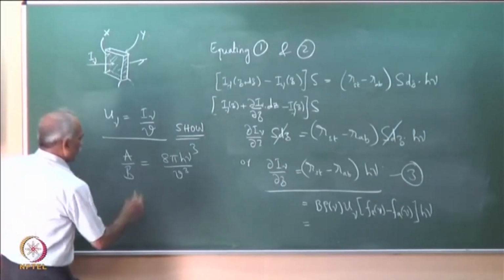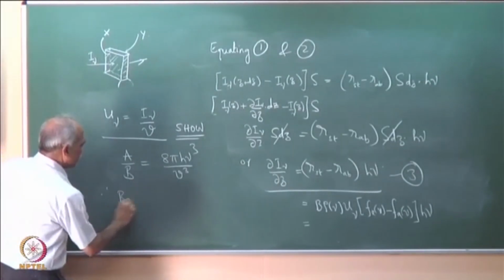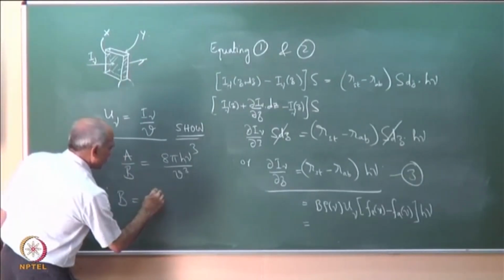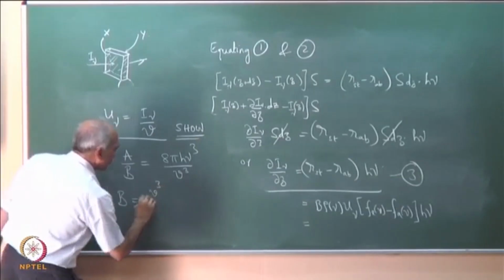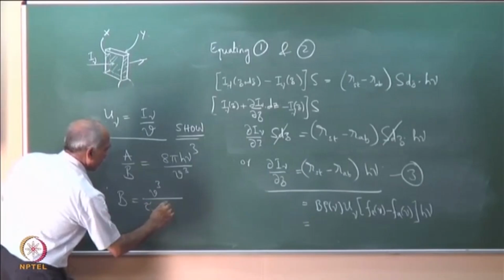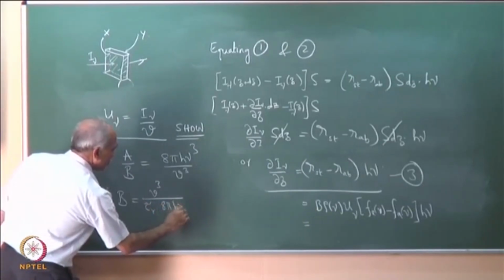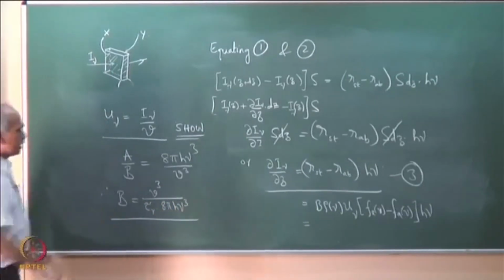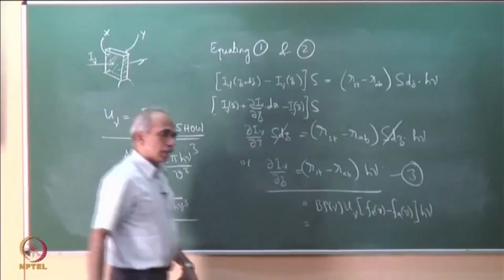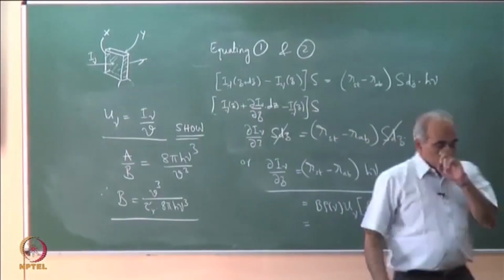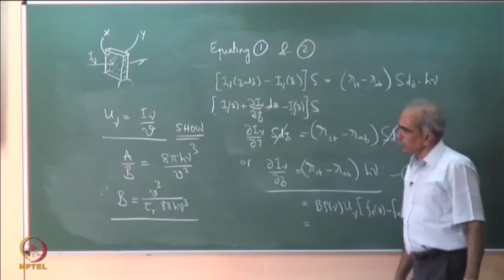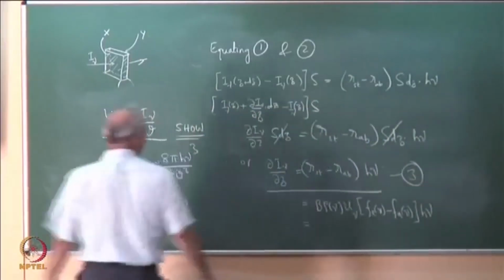A is 1 over tau r, therefore we have B equal to V cube divided by tau r into 8 pi h nu cube. This is the Einstein coefficient B, since we have used A by B equal to 8 pi h nu cube by V cube.